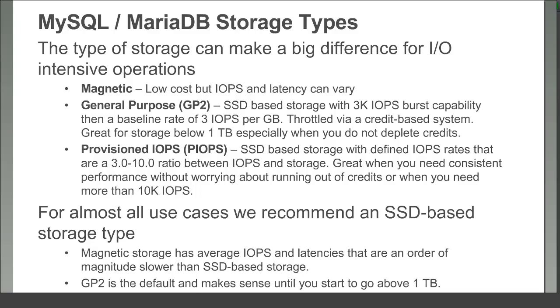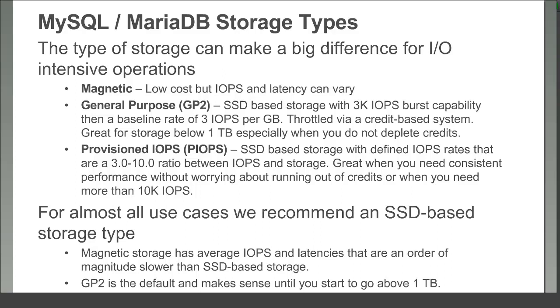It's worth noting, though, that once you reach a terabyte, since we allocate 3 IOPS per gigabyte, that's the point where you're going to have a guaranteed 3,000 IOPS, and so the burst ceases to become advantageous at that point.